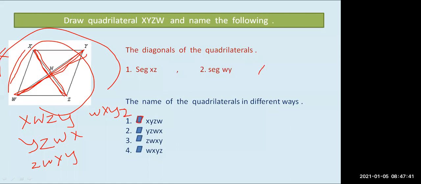When you're writing name of triangle also, I have told you, you have to draw a small triangle, then you can write name of a triangle ABC or triangle XYZ or anything. So while writing name of quadrilateral, you have to draw a small square which tells that it is a name of a quadrilateral. And while reading, you will not read small square XYZ.